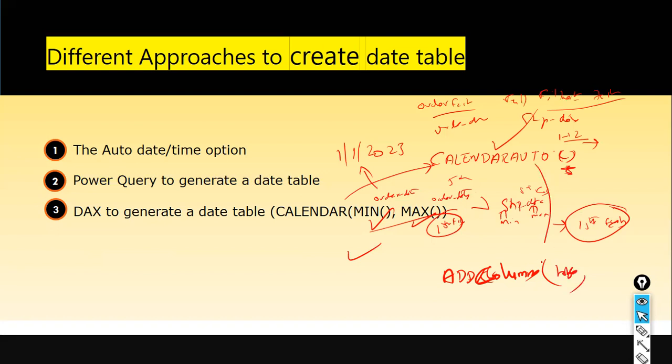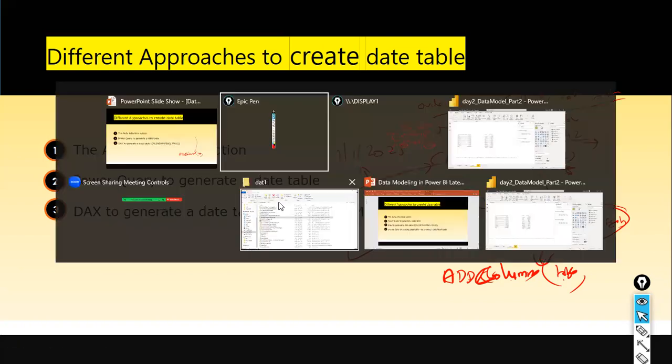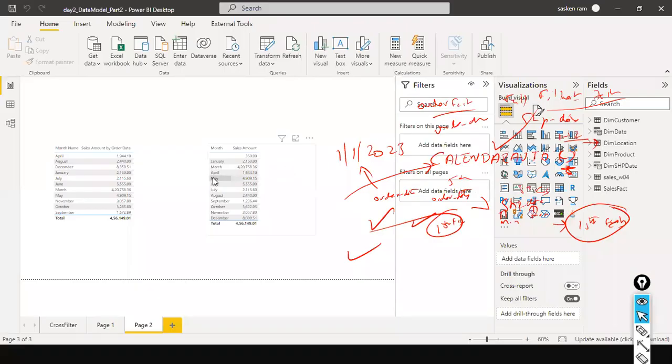Since calendar auto returns a table, we can use calendar auto here: ADDCOLUMNS, calendar auto, comma, month, year. Everything you can extract from the date table itself, so that you don't have to create the columns one after the other. So instead of talking everything, I'll just show you the demo here.